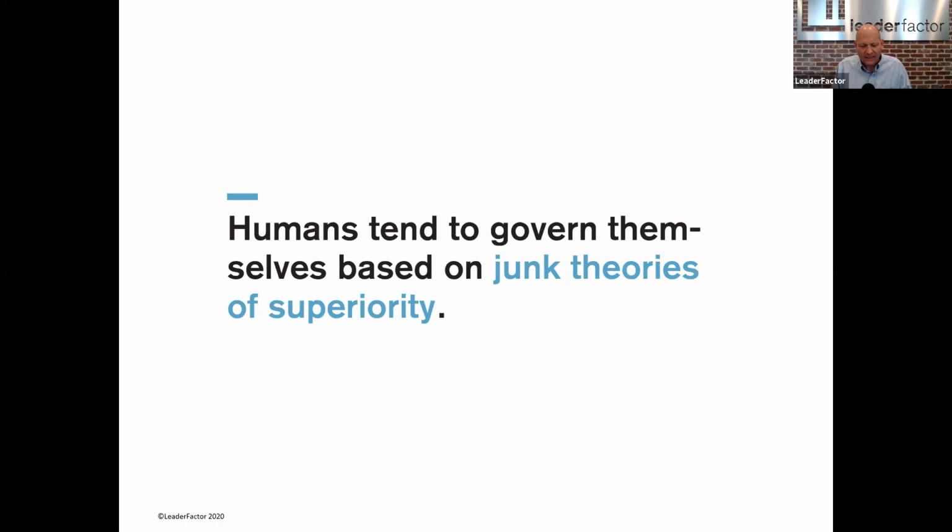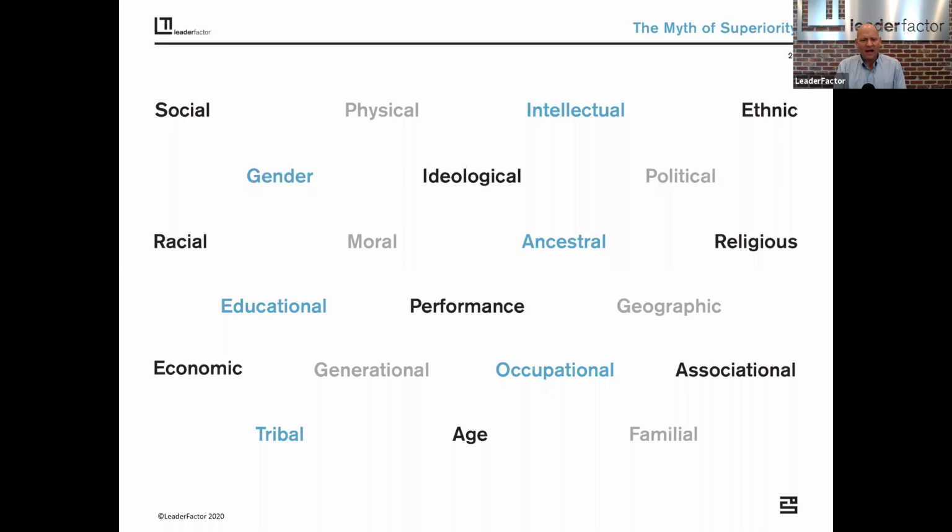So it's not anything new. What is new is that we're coming to terms with this as never before. We're being more self-reflective. We're being more honest than we've been, and we are laying bare the bias and the prejudice and the junk theories that we use, the soothing stories that we tell ourselves to justify the way that we are governing and interacting with each other. So let's talk about what we call the myth of superiority.